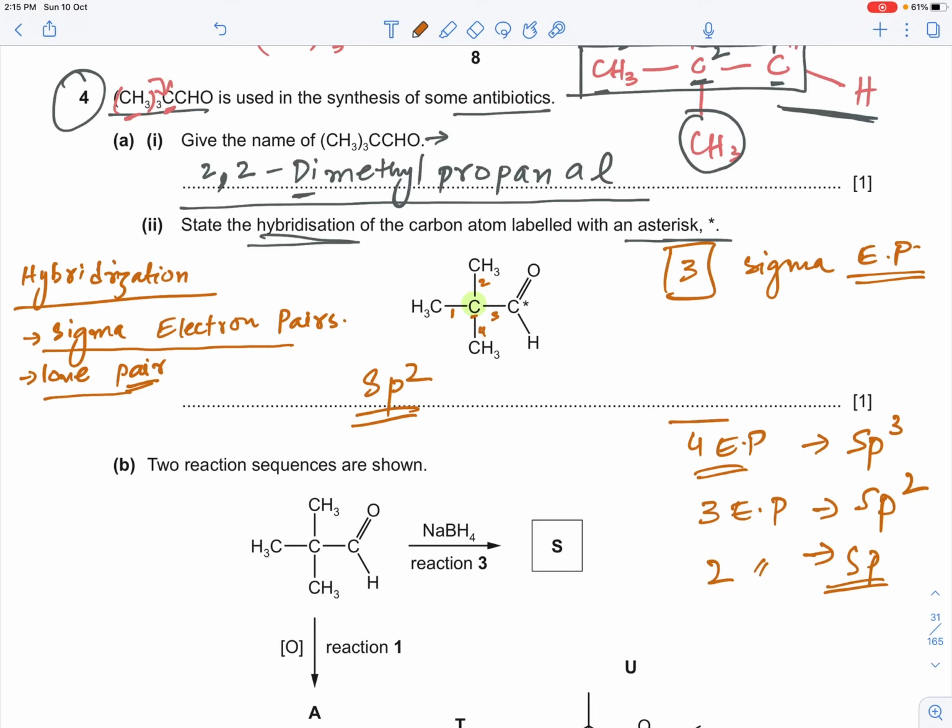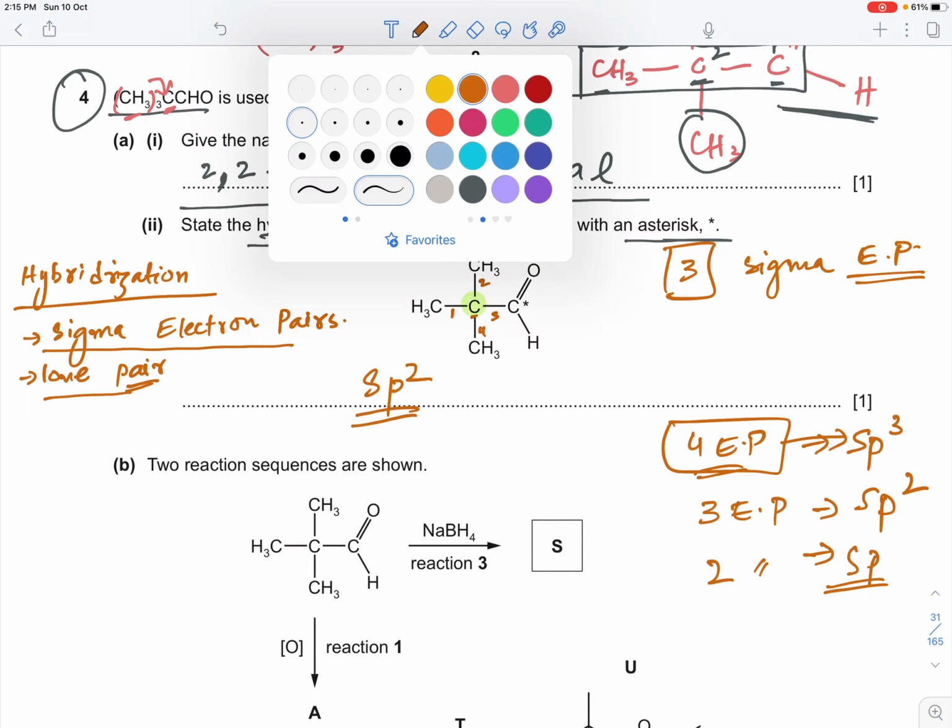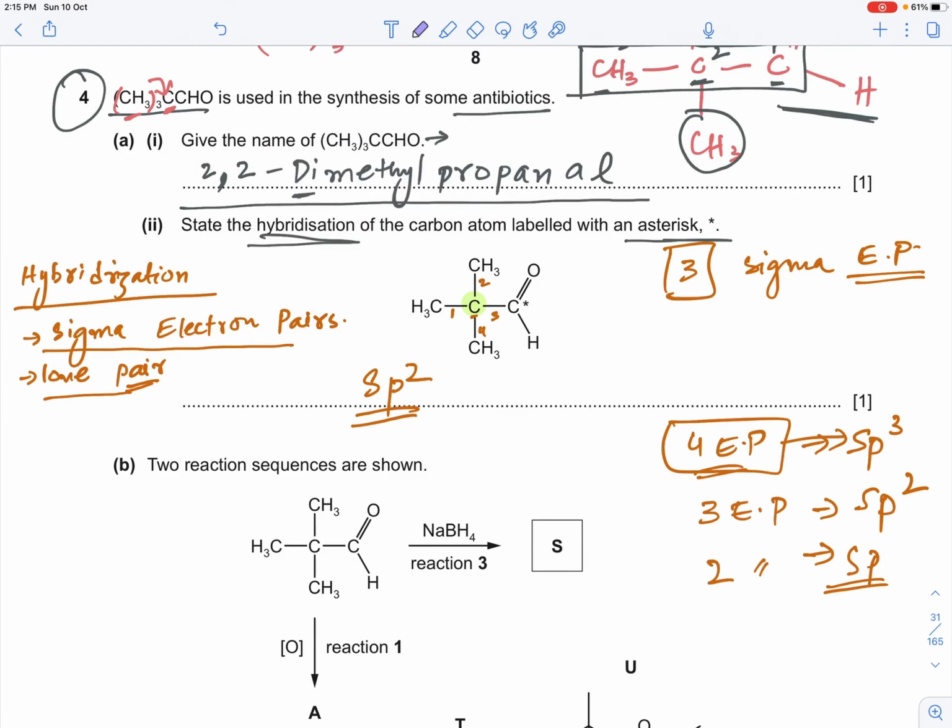Total 4 electron pairs, so this carbon is sp3 hybridized. So this carbon is sp3 and this carbon is sp2. They have just asked us for the hybridization of this carbon, but I hope now everyone gets the point of how to find the hybridization of any atom, right?